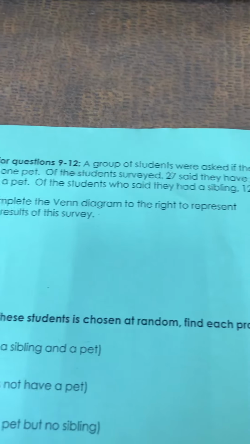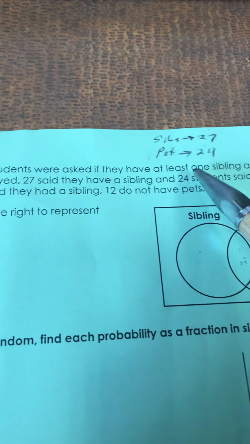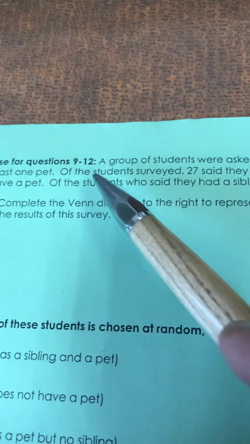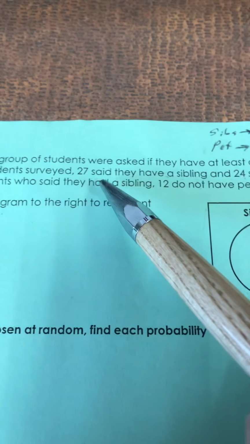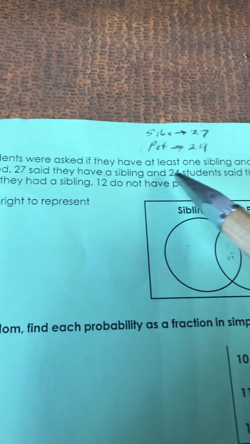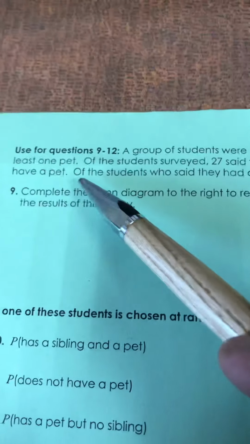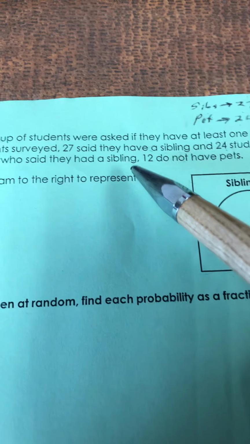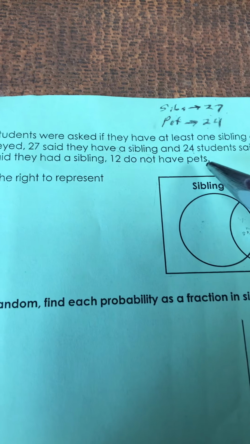Number 9, a group of students were asked if they have at least one sibling and at least one pet. Of the students surveyed, 27 said that they have a sibling and 24 said that they have a pet. Of the students who said that they had a sibling, 12 do not have pets.